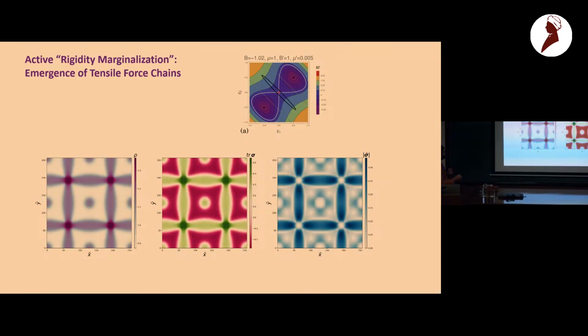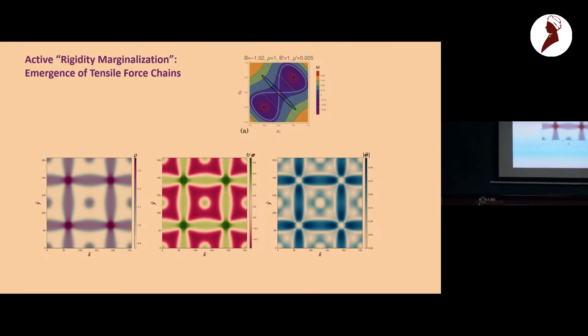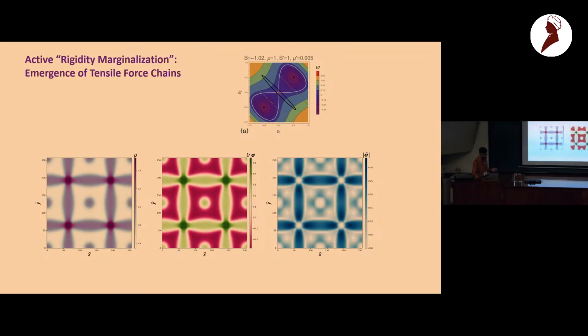Of course, elasticity has no length scale, so to simulate this we have put in a certain gradient elasticity, a strain gradient term, in our equations. In the usual regime, you put these forces and it will diffuse. But here you get chains that connect these force application centers.